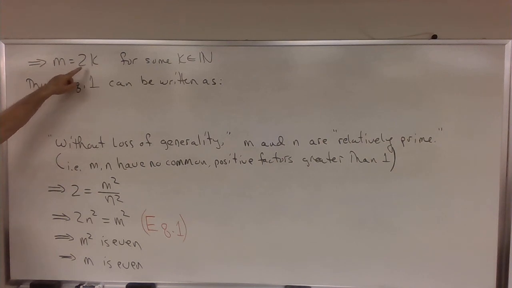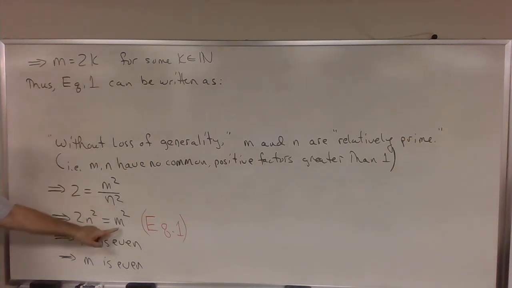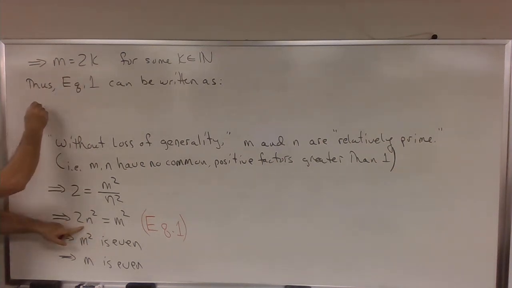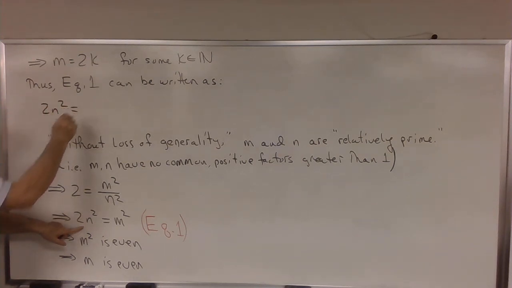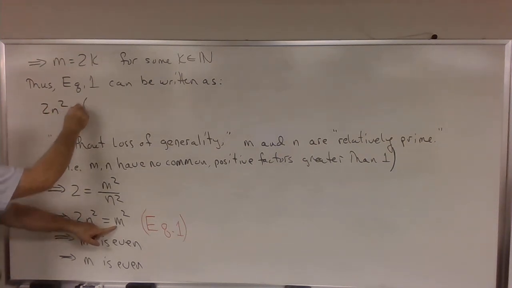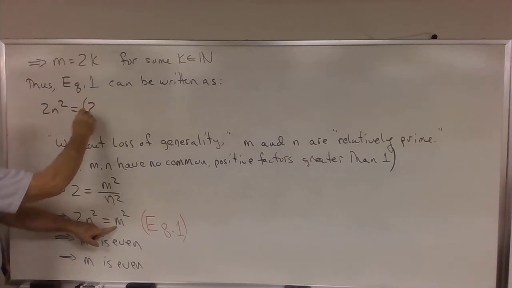Let's see, m equals 2k, so I can have 2n squared equals m squared, but m is 2k.